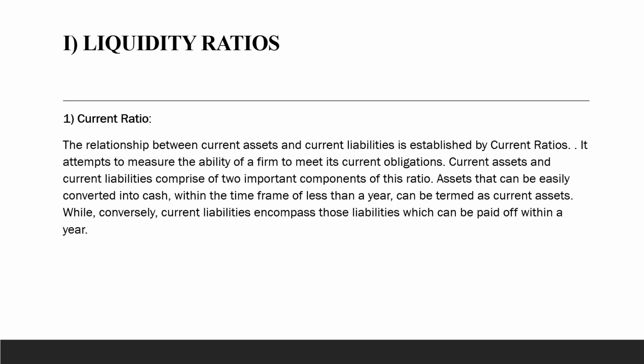And current liabilities are those liabilities which have to be paid off by the company within a year. So the current ratio will show whether the assets are available in the company to pay the current liabilities within a period of 1 year or less than 1 year.